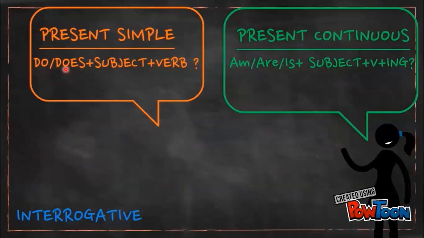Or does, if it is he, she, or it, the subject and the verb. And in present continuous, we have are, am, or is with the correct subject or pronoun plus verb plus ing.